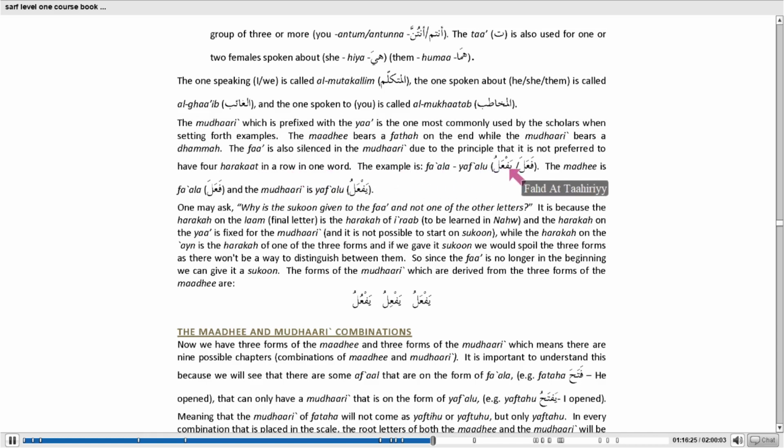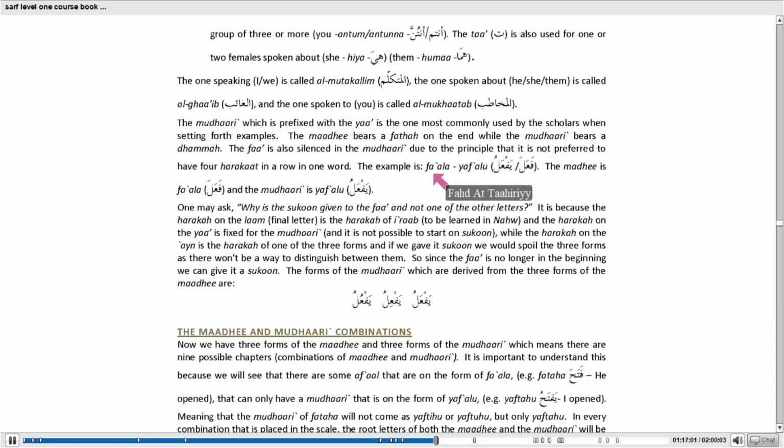Because if we were to allow that and not silence the fa, we would end up saying yafa'alu. Yafa'alu. Is that light on the tongue or heavy? Yafa'alu, that's heavy on the tongue. So usually in one word they avoid having 4 harakat in a row.